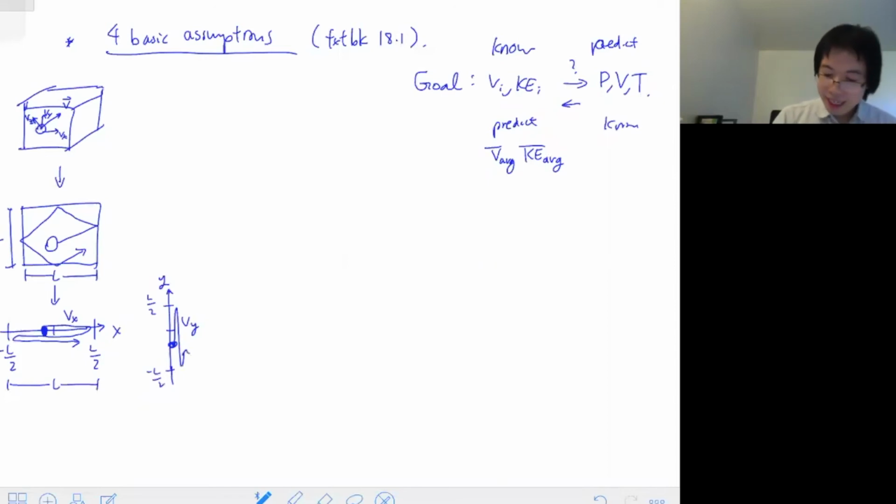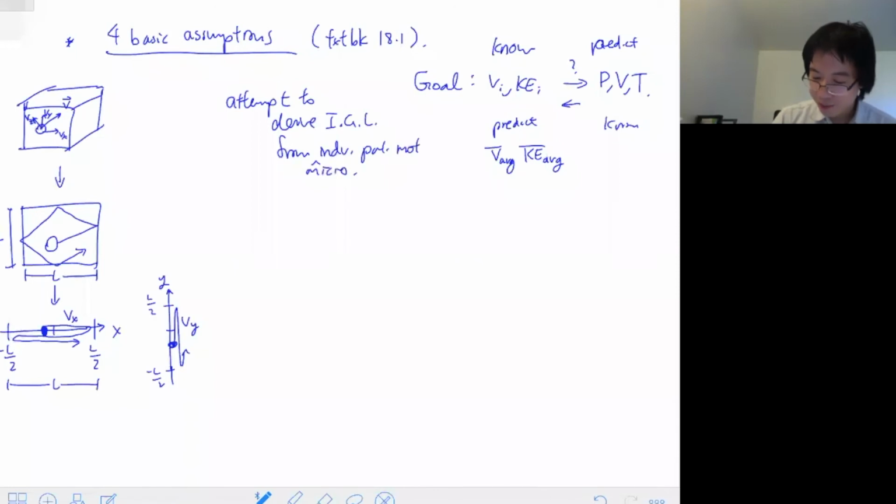Okay, so let's attempt to derive the ideal gas law from the microscopic individual particle motion. The left-hand side of the ideal gas law is PV, right?